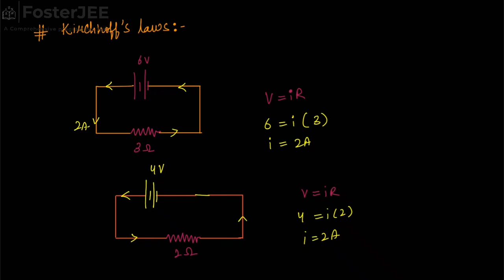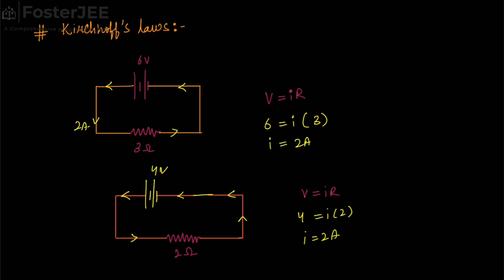Let's suppose this battery was 10 volt and a 6 volt battery is attached like this, so that both the batteries will tend to send charge in the same direction. In that case, V net will be 10 plus 6, which is 16. So this can also be a case, but this is for the case where the batteries were oppositely oriented.